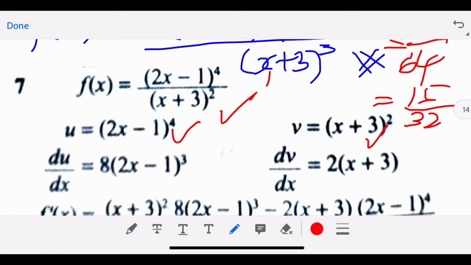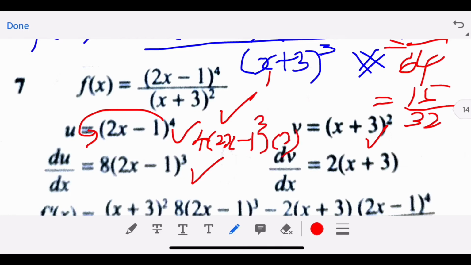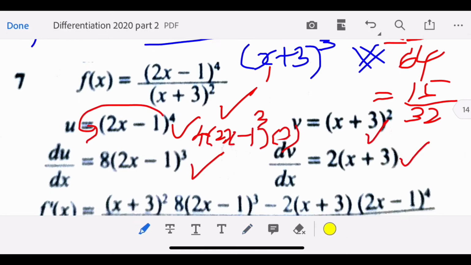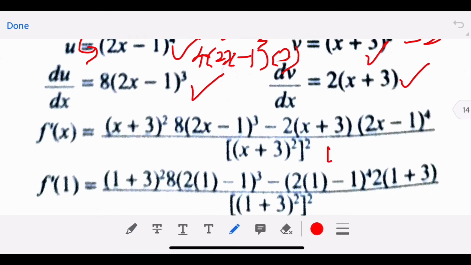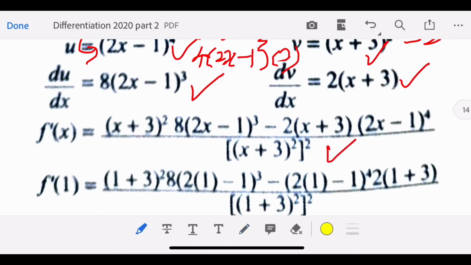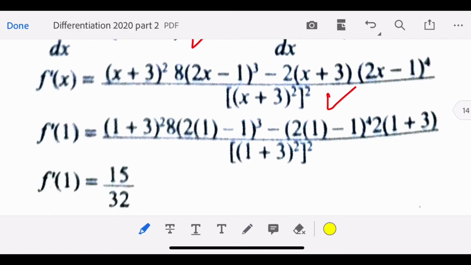Yeah, the working, you can make it short without simplifying. That means you just use the quotient formula, (v du/dx minus u dv/dx) over v squared. Then after that, you just substitute the 1 into the differentiation, and you get the answer without simplification. Maybe you can save time if you do it this way, right? Because for the simplification and factorization, you are not good, right? So you can choose not to simplify.